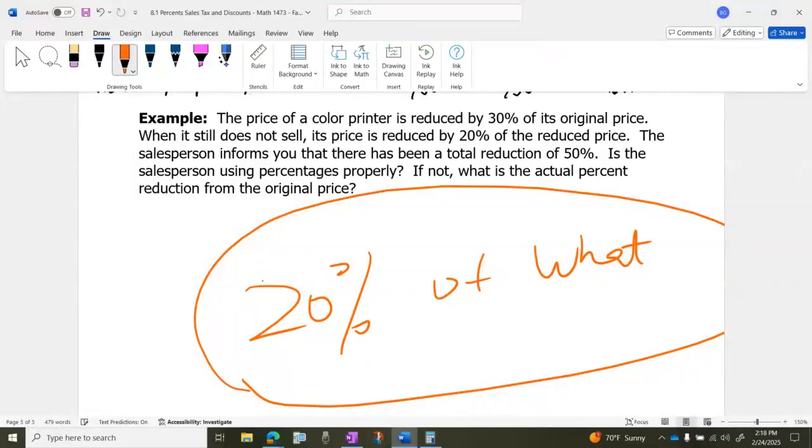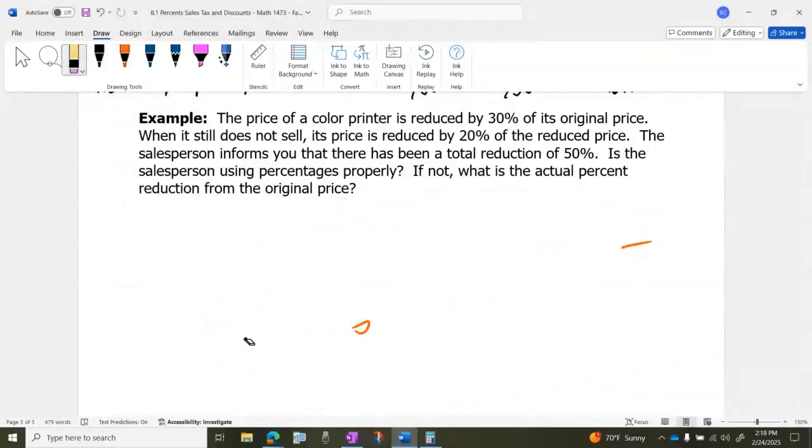The percentage by itself means nothing. It needs to have a package go with it. Then you can understand what that person means. You need to understand that, all right? So here we have 30%, 20%. 30% of what? 20% of what? Yeah, work on the problem.